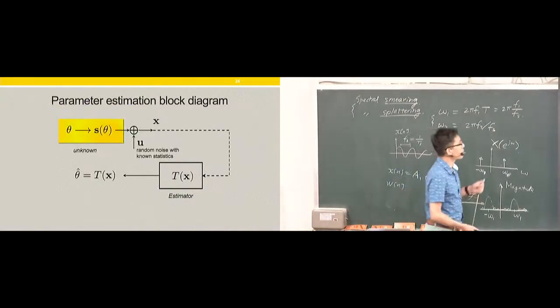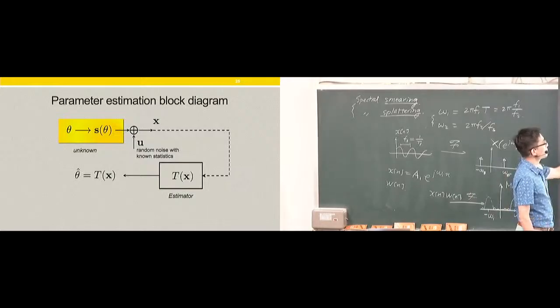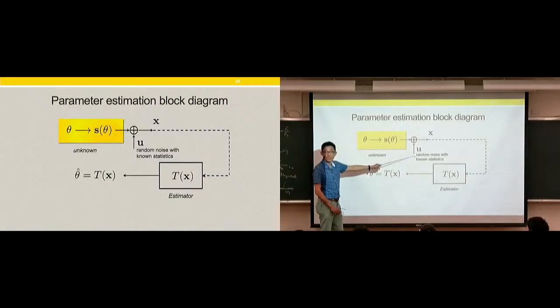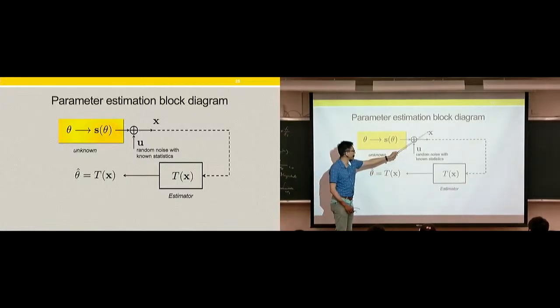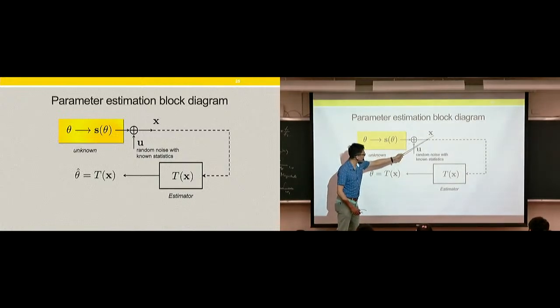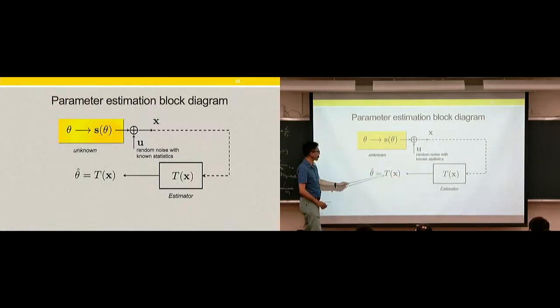So now, in terms of the flow diagram, the parameter estimation block diagram can go this way. Let's say theta determines S, which is being observed, but the observation is subject to some contamination by random noise with known statistics. So basically, this is a fancy way to say X equals S plus U. Now, by observing X, you want to construct an estimator which gives you an estimate.